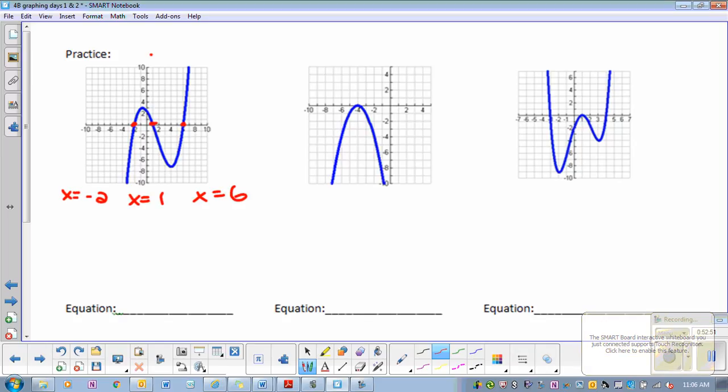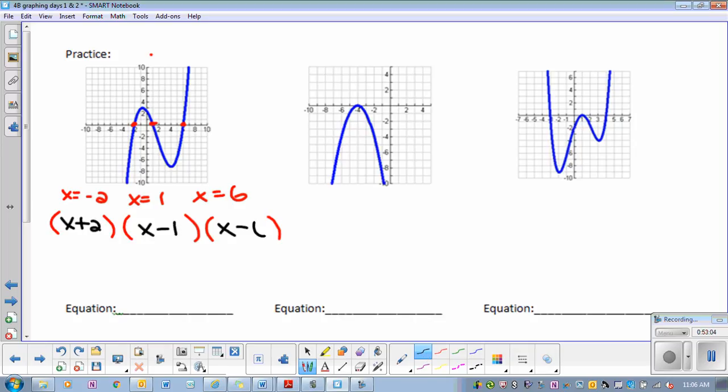Yeah, -2, 1, and 6. Change those into factors. So I should have x plus 2, x minus 1, and x minus 6. Yes? Okay? I'm going to say y equals, but I'm going to look at my right arm. This right arm happens to be going up, so I don't need to do anything. Copy everything over.